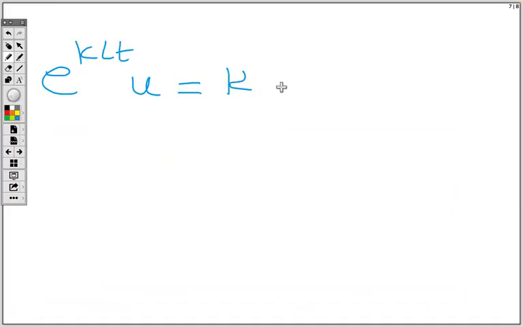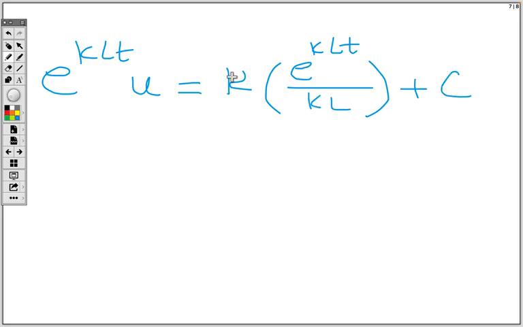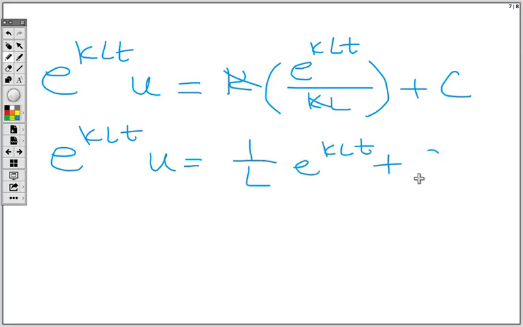I'm going to have that k times what? I'm going to have e to the klt, but I'd have to divide by what? K and L, plus C. So the k's will cancel. And I got e to the klt u equals 1 over L e to the klt plus C.